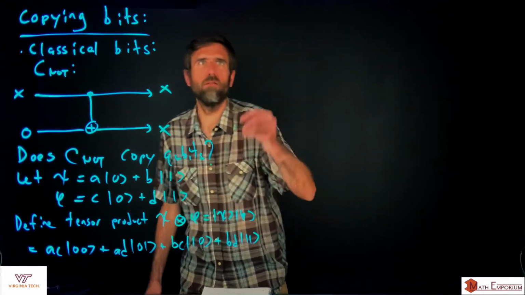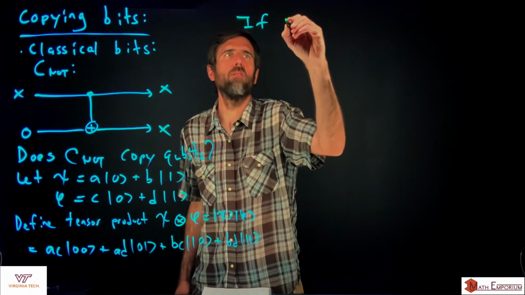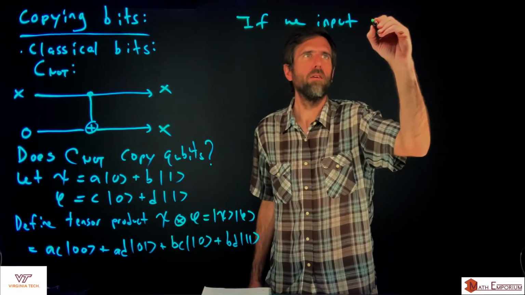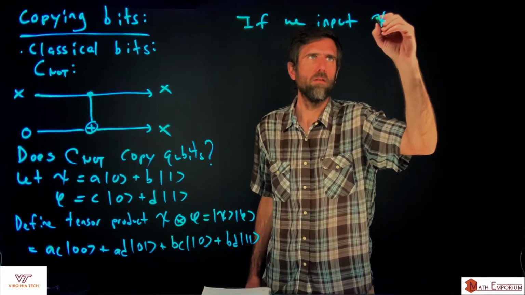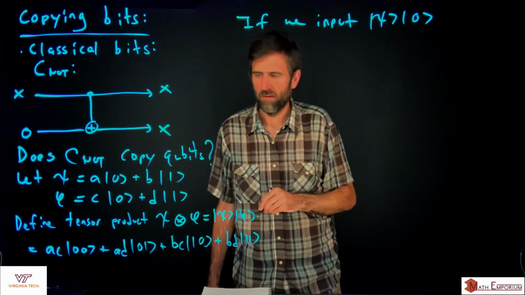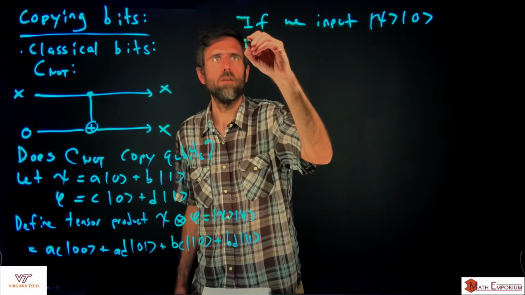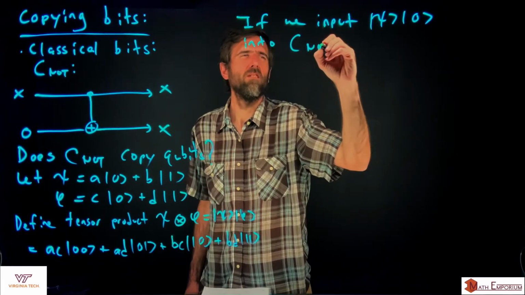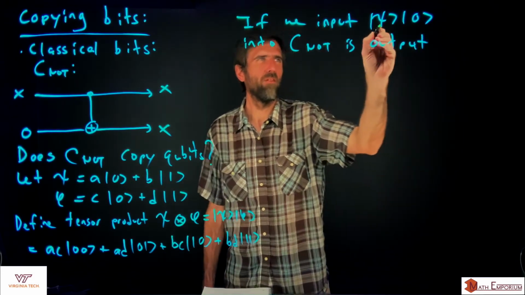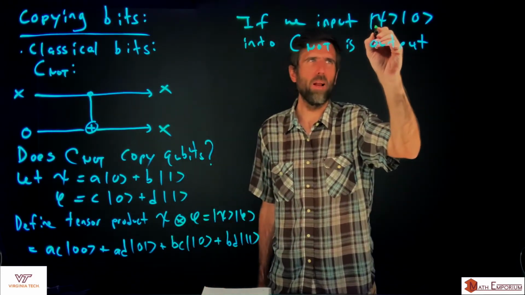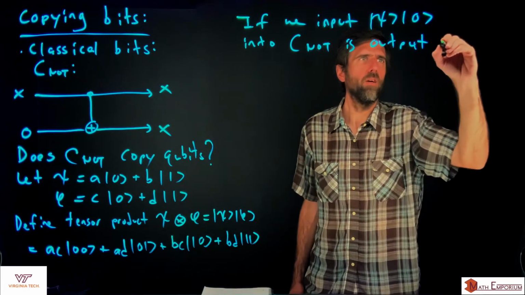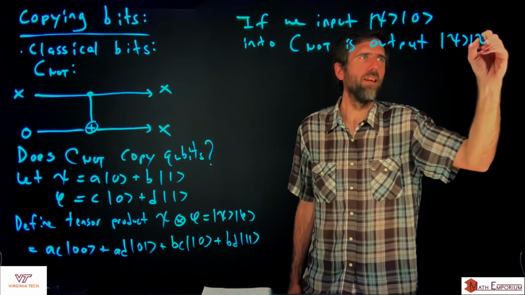Now, to answer this question, does CNOT copy qubits? The question is, if we input psi tensor 0 into CNOT, again this is the qubit I want to copy, and there's my scratch space, is the output going to be psi tensored with itself?